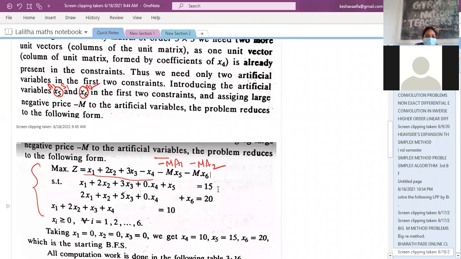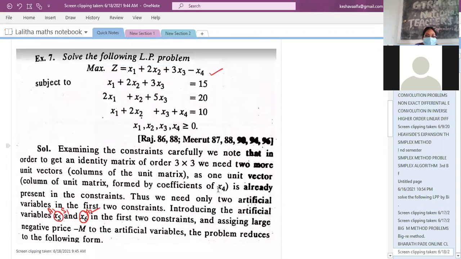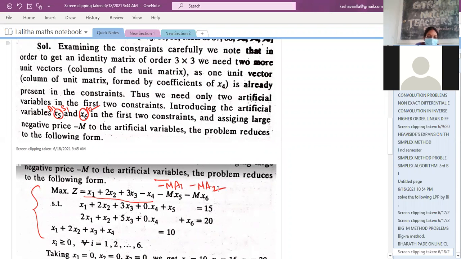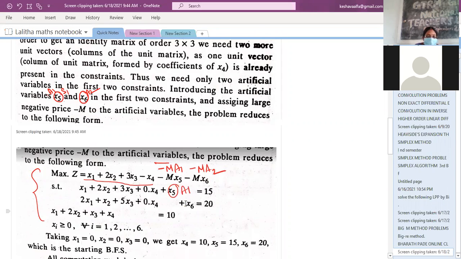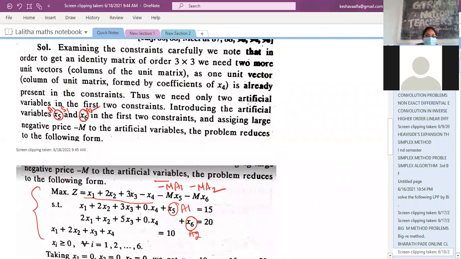Subject to the conditions. The first condition is x1 plus 2x2 plus x3 plus 0x4 plus a1, equal to 15. The second is 2x1 plus x2 plus 5x3 plus 0x4 plus a2, which is equal to 20. The third condition is x1 plus 2x2 plus x3 plus x4.